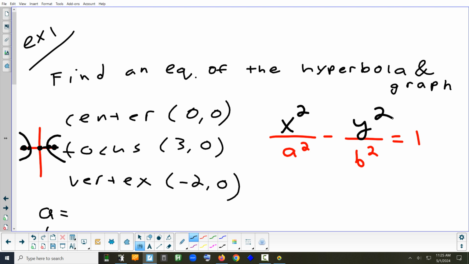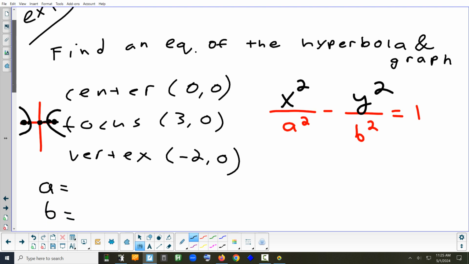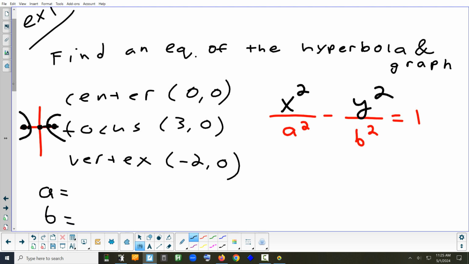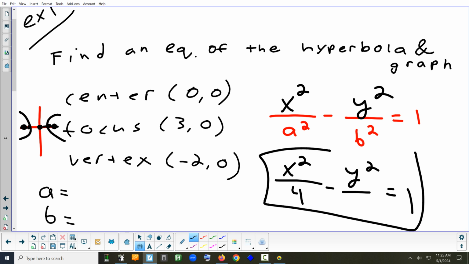Now we just have to figure out A and B. Well, I think we can get A. What's the distance from the center to the vertex? 2. Okay, so we can get that. But there's no direct way to get B, so we have to get it using a formula.